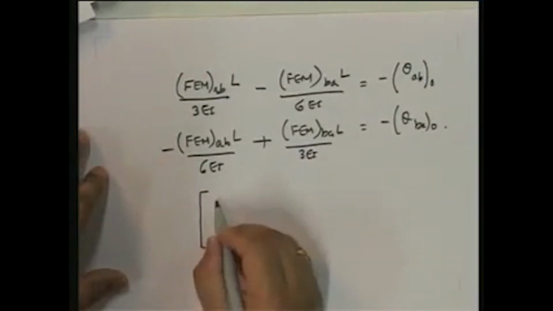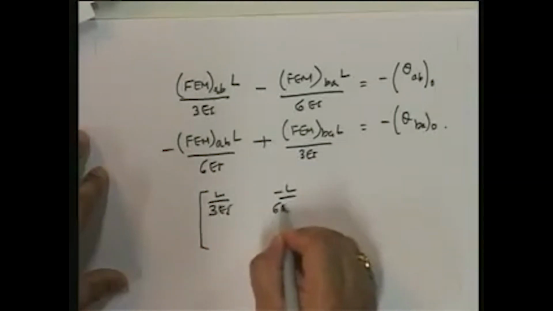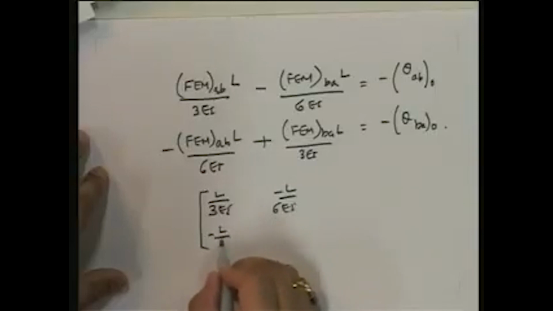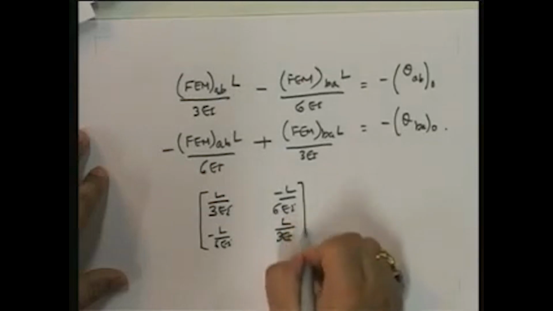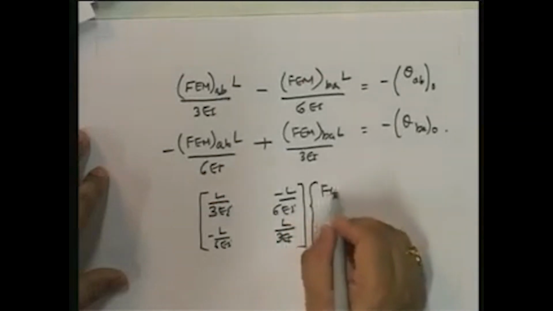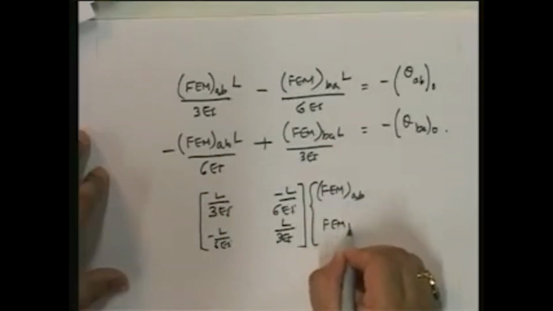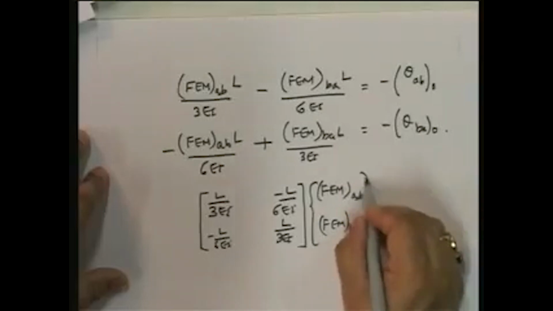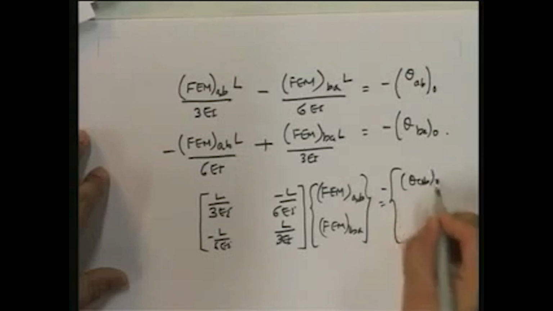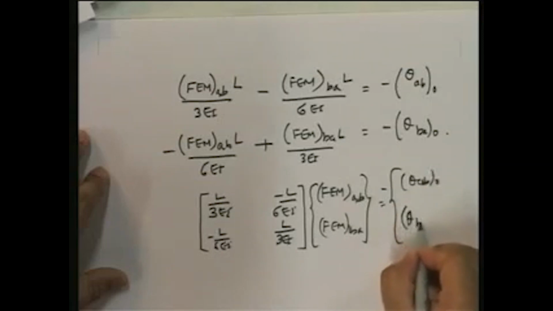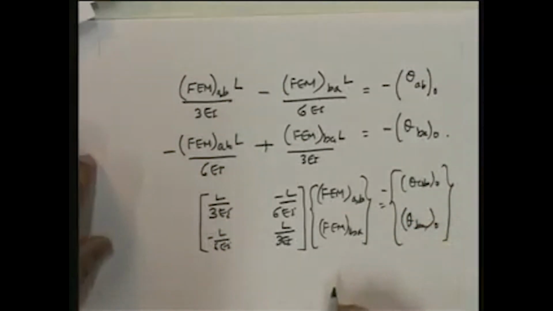This basically becomes the matrix L upon 3EI, minus L upon 6EI, minus L upon 6EI, L upon 3EI, into the fixed end moments AB and BA, equal to minus theta AB 0 and minus theta BA 0.